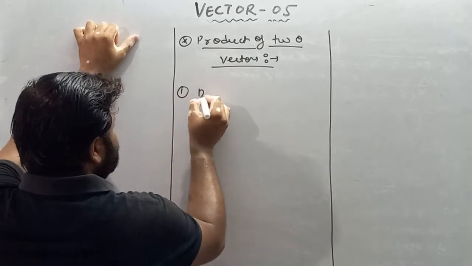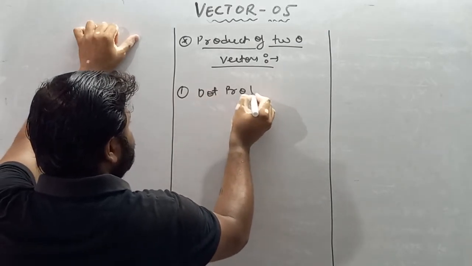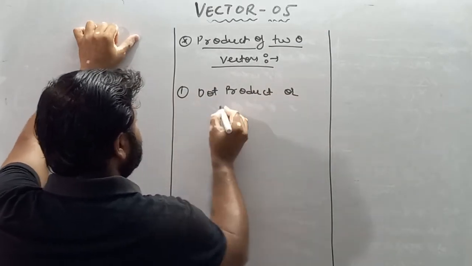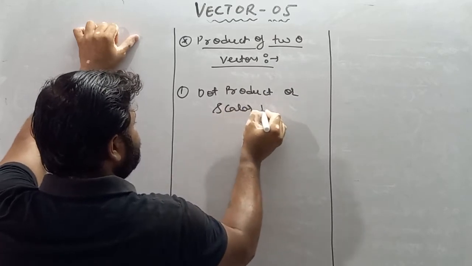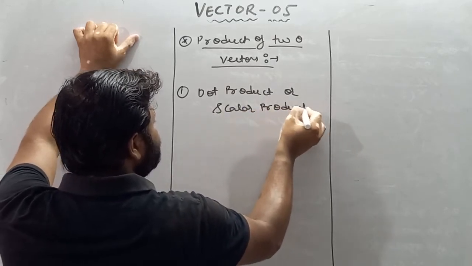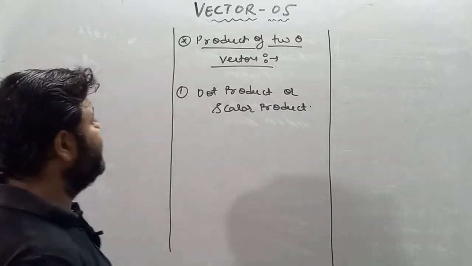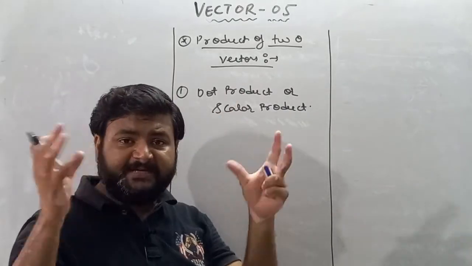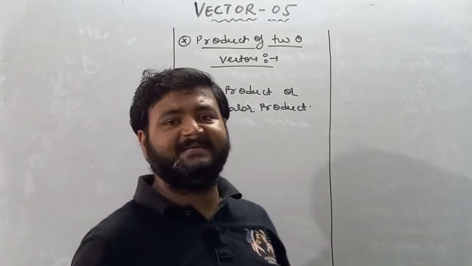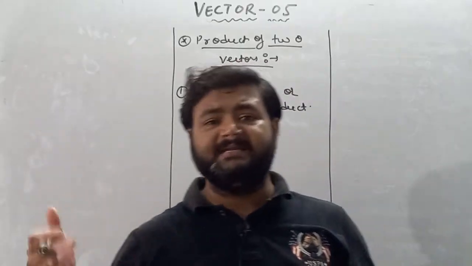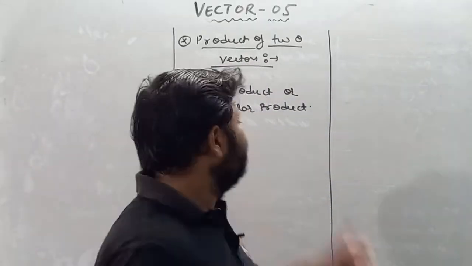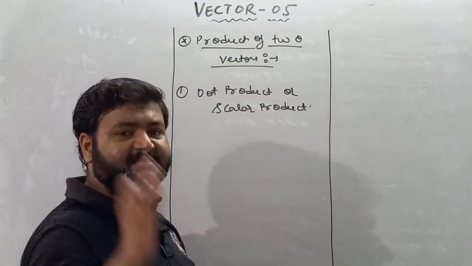One is dot product, which is also called scalar product. Why is it called scalar product? Because if you perform dot product between two vectors, then the result will be in scalar form. That's why dot product is also called scalar product.